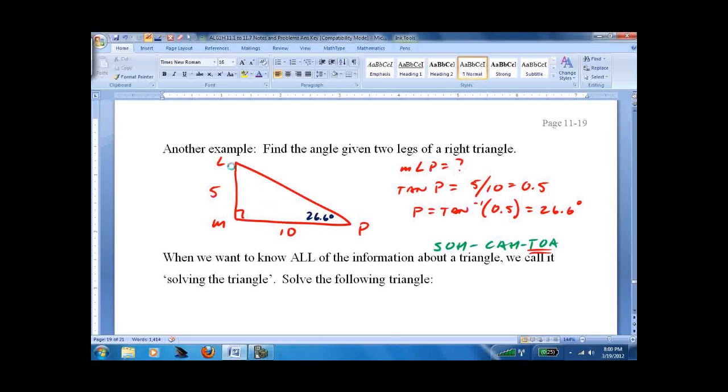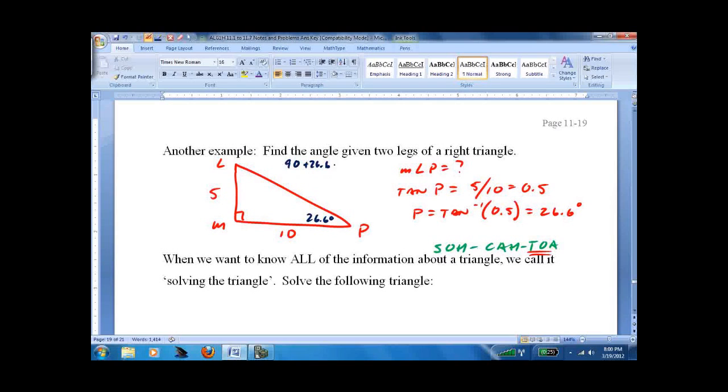Since we know that the triangle adds up to 180, we also know that angle L can be solved from here. Although we didn't have to here, we'll do it anyway. So we get 90 plus 26.6 plus the measure of angle L equals 180. Subtract them off, we get measure of angle L equals 63.4 degrees.